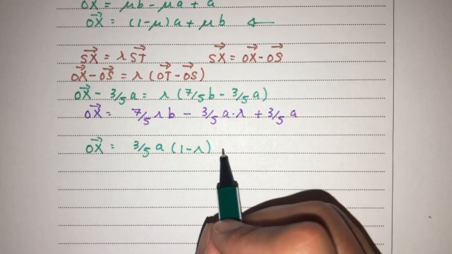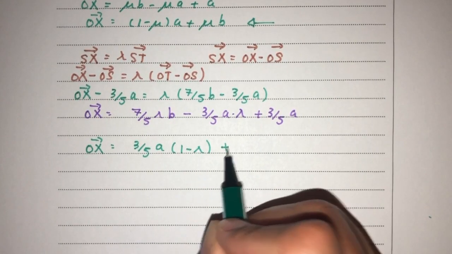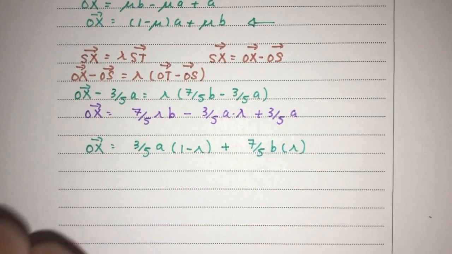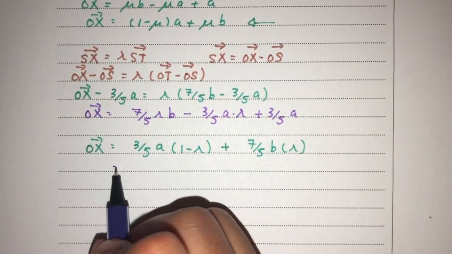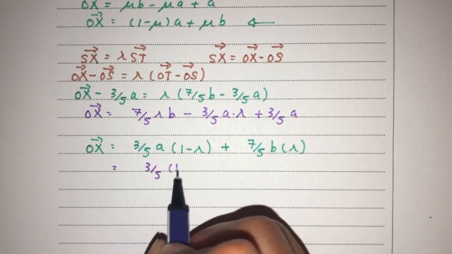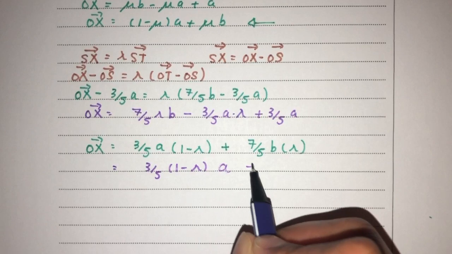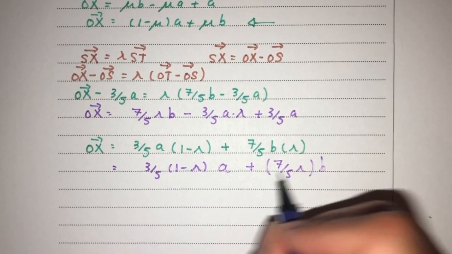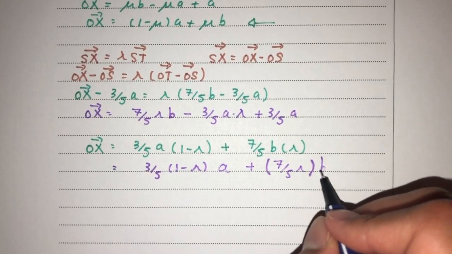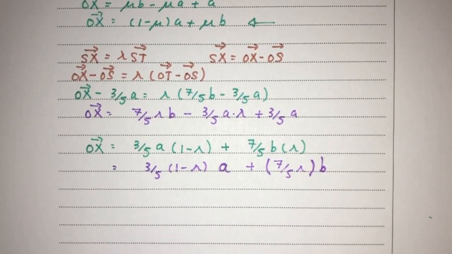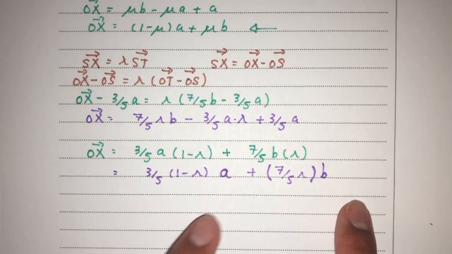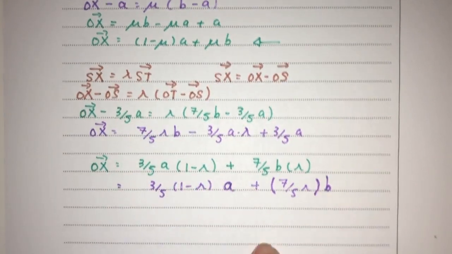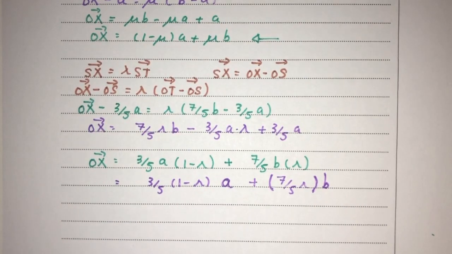And then here, same thing. If you can factorize 7 over 5 B, that will be lambda as well. So we can write this again. That will be 3 over 5, 1 minus this A plus 7 over 5 lambda B. Because we can, in this case we can easily compare the A and the B part. Because of that we write this in this way. Because as you can see, here we have A here, we can compare easily. That's why we write this in this form. Now this is your question part 2.